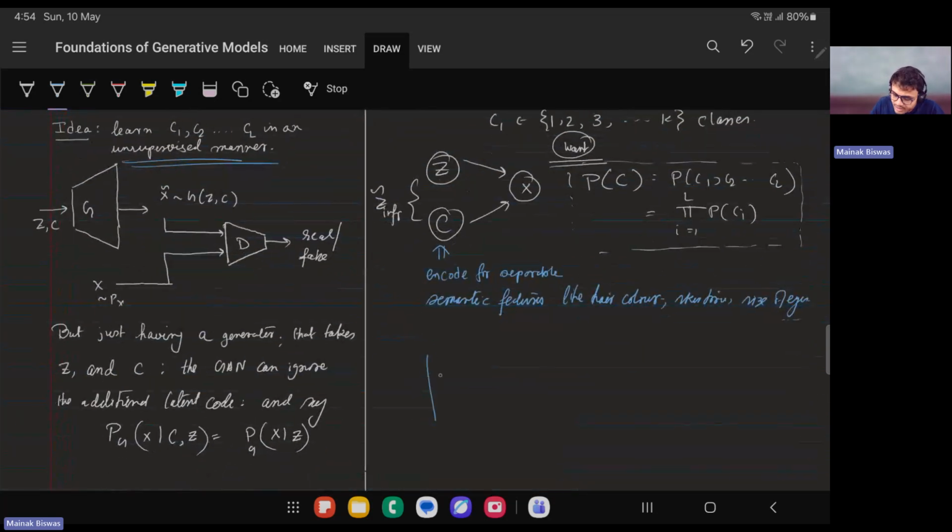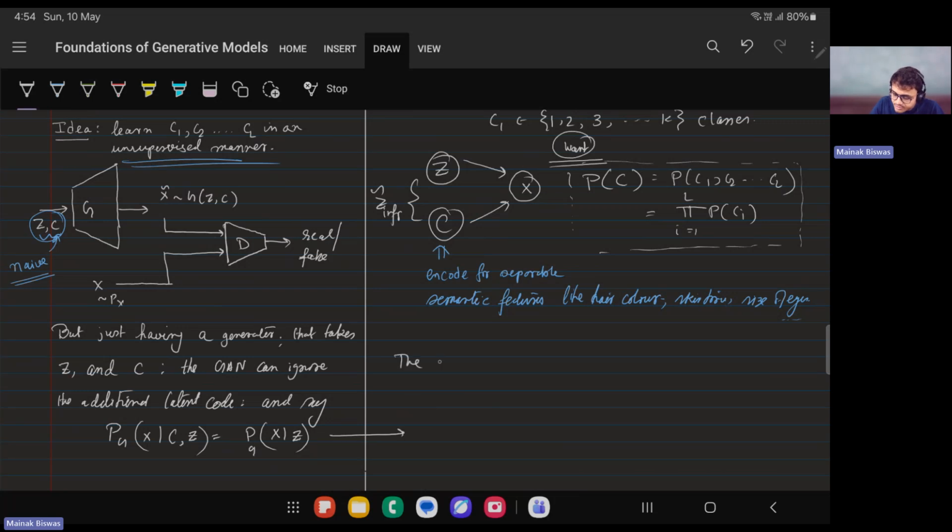Say my GAN, we just put in Z and C, a naive approach. I have already drawn this, so I'll not draw it again. A naive approach would be to pass both Z and C to the generator, let the generator generate an X dash, and then say real and fake. So what is the problem over here?